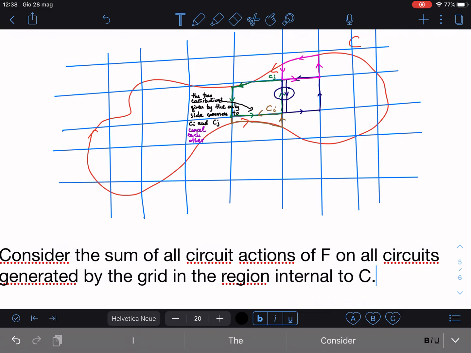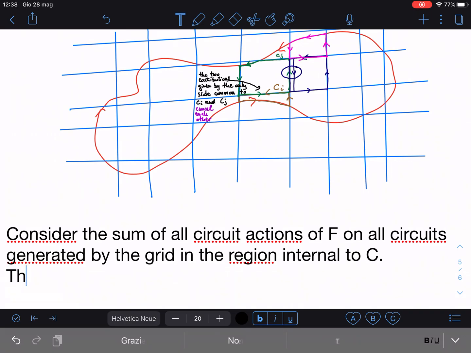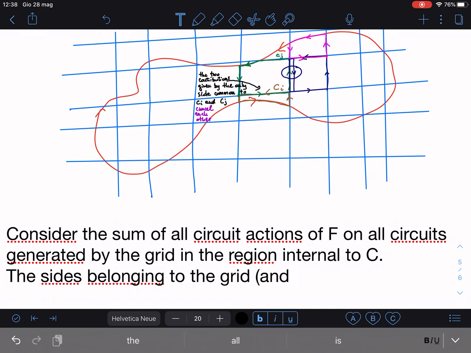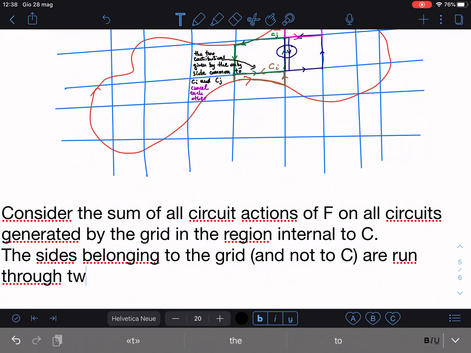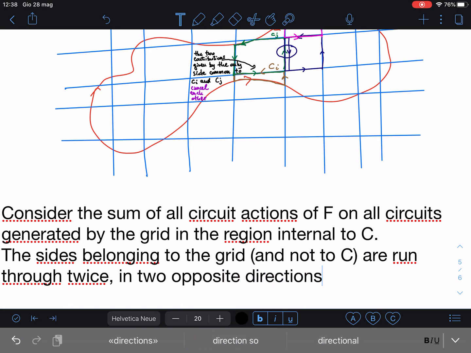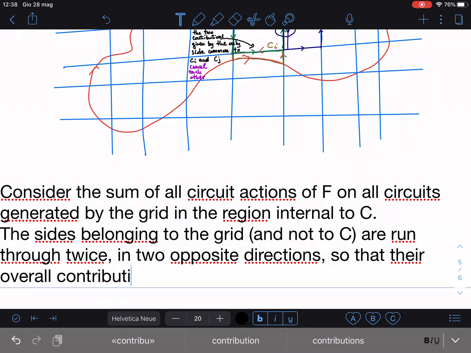So the sides belonging to the grid and not to C are run through exactly twice in two opposite directions, so that their overall contribution is zero. This is the point.